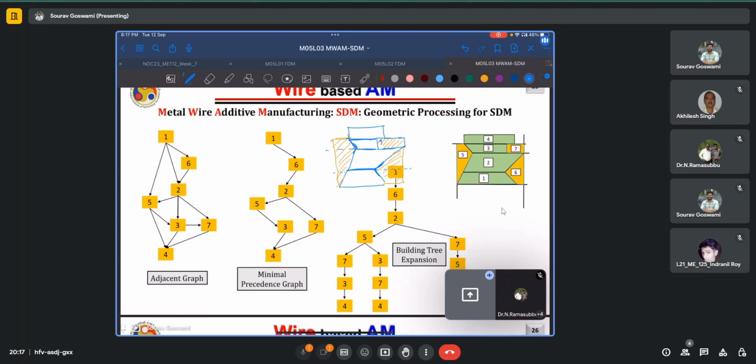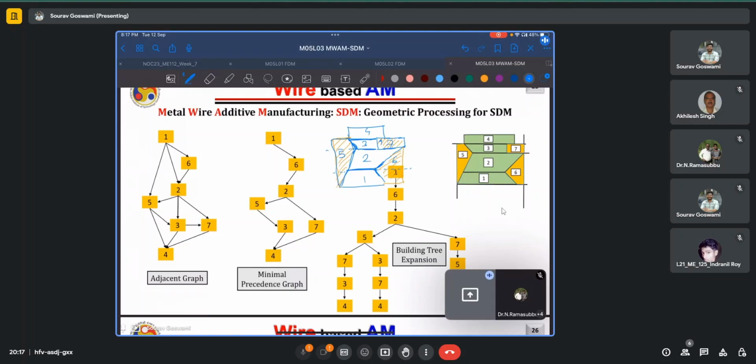And since these are part of the same volume, we simply combine them into one to reduce the number of parts. So as numbered here, this is 1, 2, 3, and 4, whereas 5, 6, and 7 correspond to the support material deposition. Now in the adjacency graph, what we are trying to do is simply list down all the components or all the parts which are adjacent or in contact with our seed part.